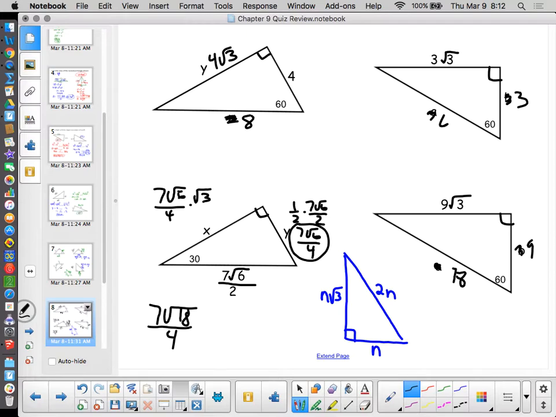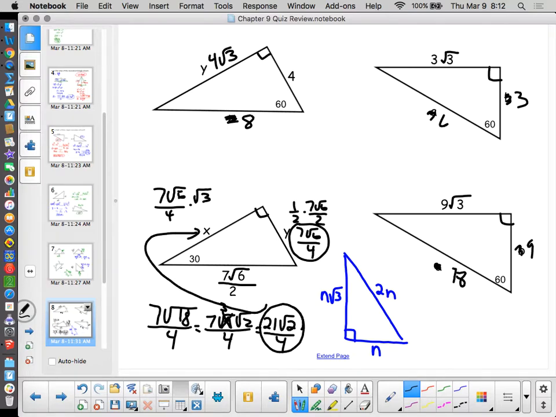But I can simplify square root of 18. That's 7 root 9 root 2 over 4. Root 9 is 3. 7 times 3 is 21 root 2 over 4. And that's that length. So that's a pretty ugly one.